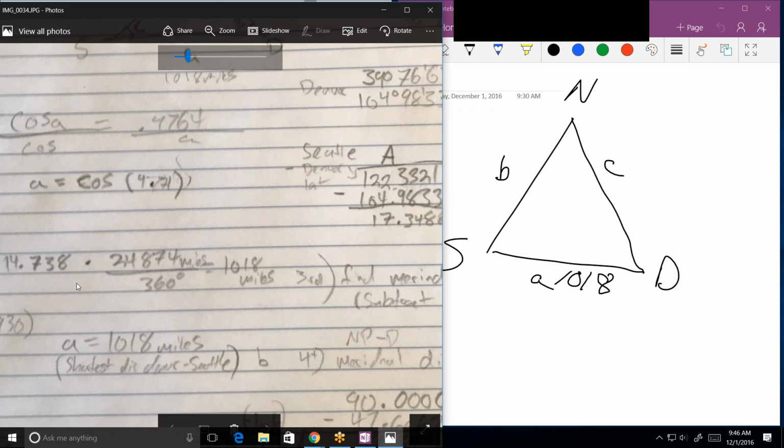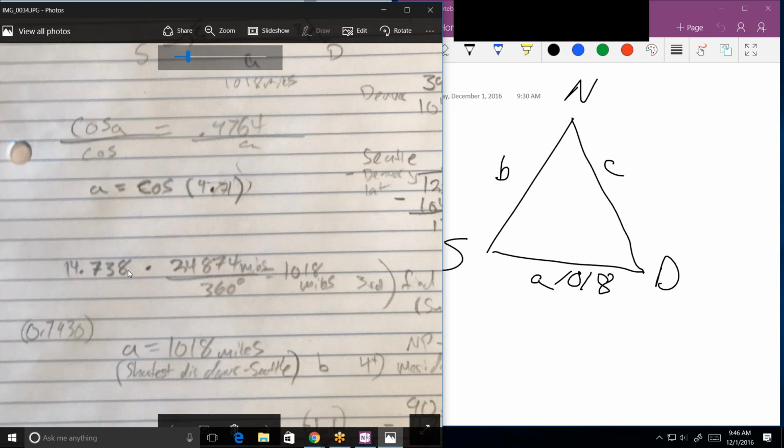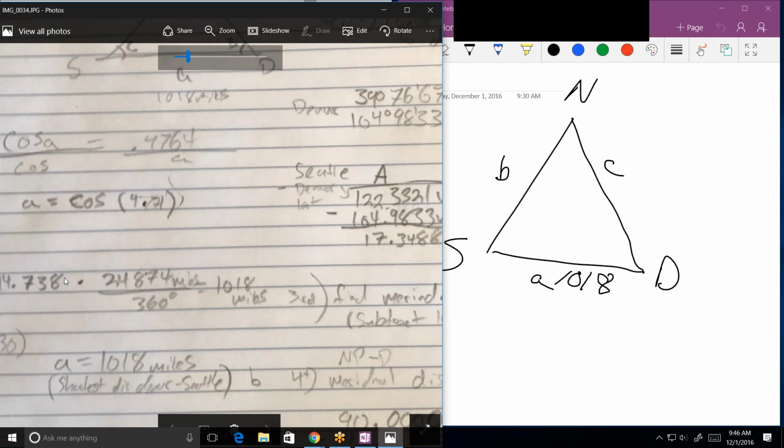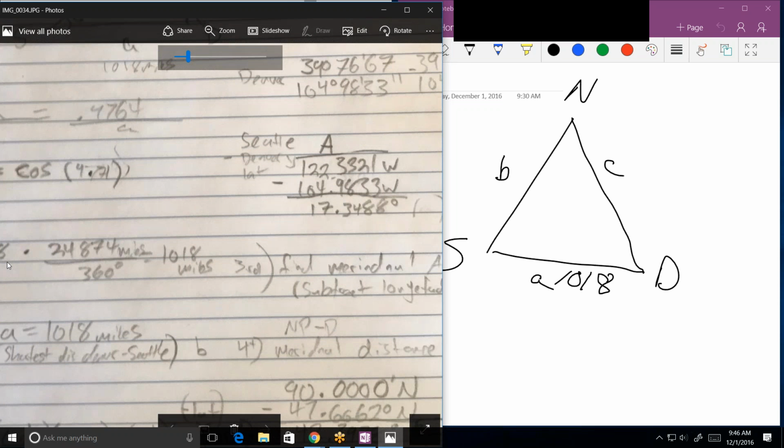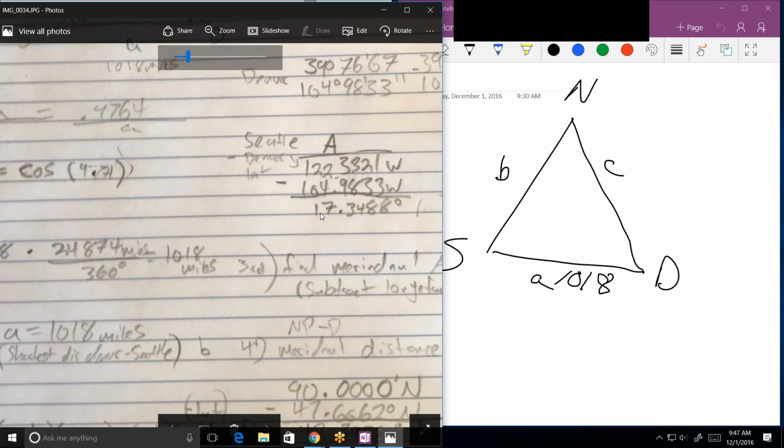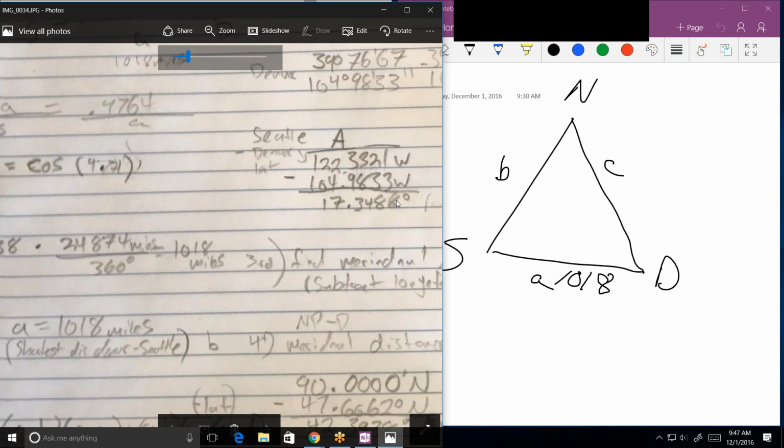14.738. Where'd that number come from? You know, to be honest, I was just copying notes off the board, and this teacher goes through it so quickly and then erases it before people have time. In other words, I can see where you get the latitude difference. There's the 17 degrees.